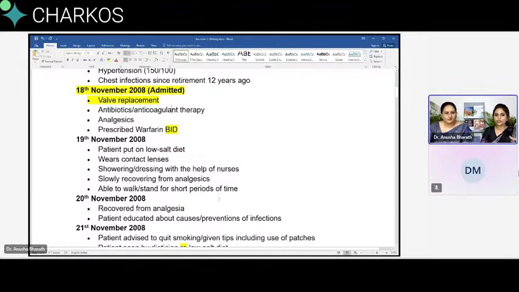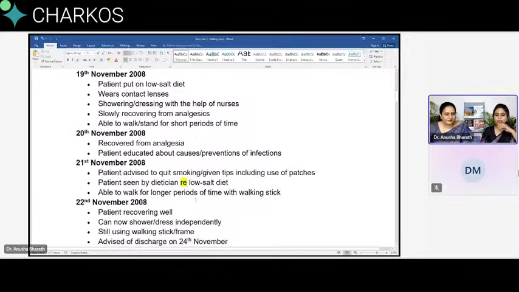Moving on, when we read the case note, we understand that the patient has been put on a low salt diet and prescribed certain medications, isn't it? Moving further down, if we look at the date, which is 22nd November 2008, it says patient recovering well.